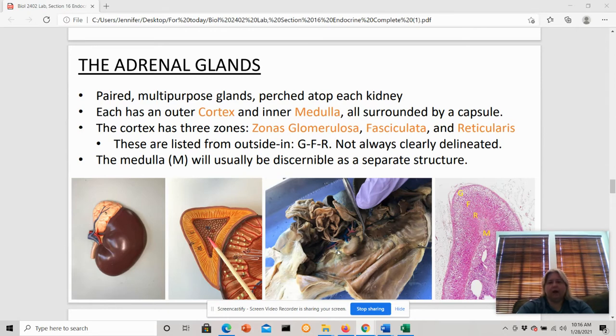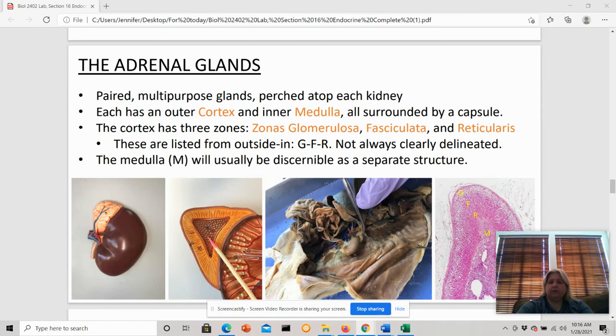If we look at the rat, we see again, this is a kidney right here, and sitting atop the kidney is the adrenal gland. We look at a slide and we can see the cortex, which would be from about here to here. And then we can see the zona glomerulosa, the zona fasciculata, and the zona reticularis.